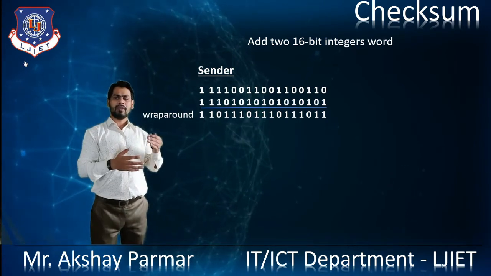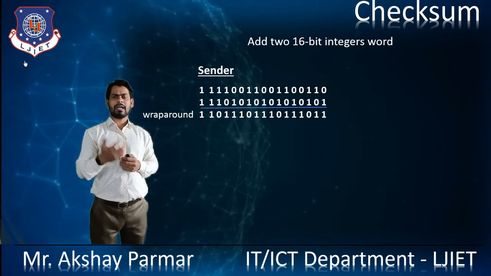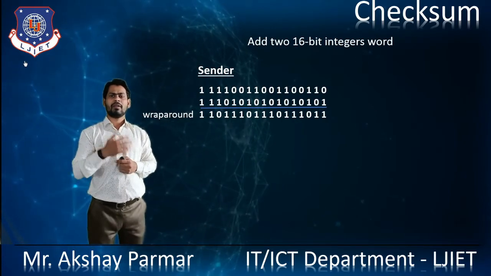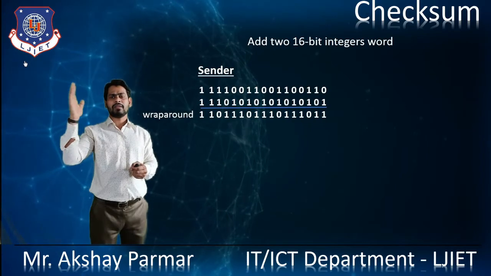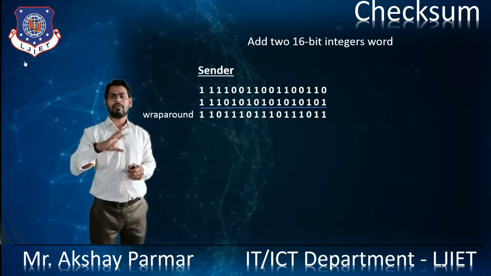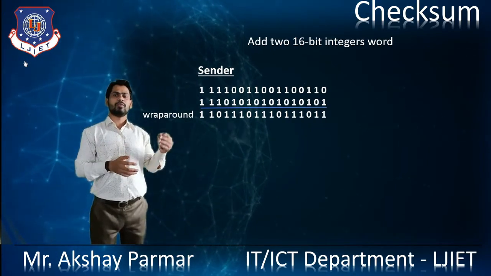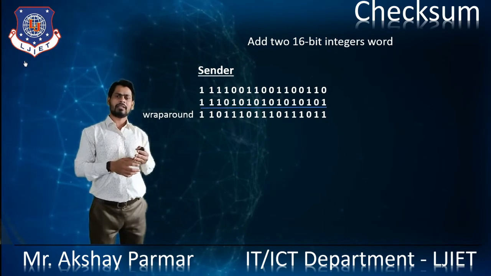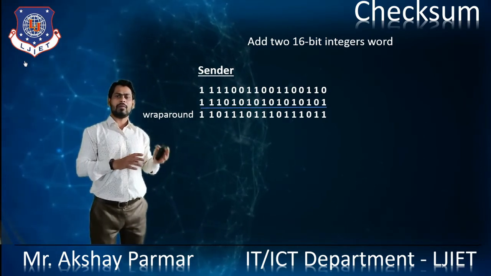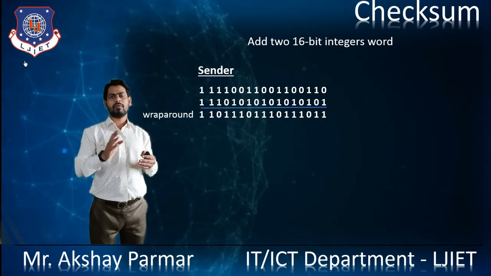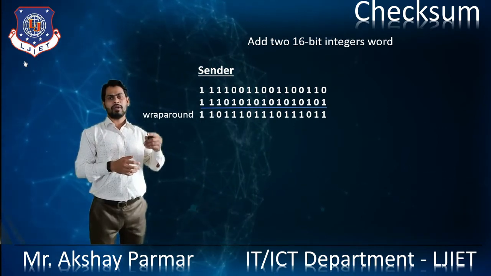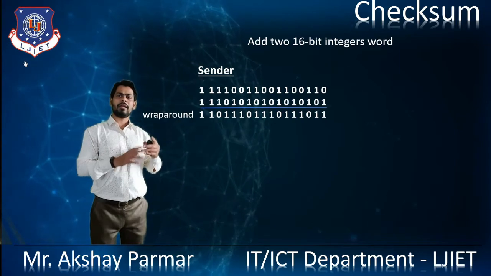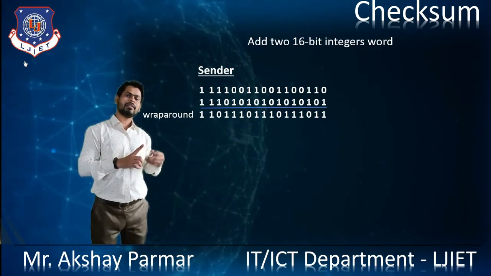After that, there is 1 and 1. How do we add those in the binary system? 1 plus 1 is equal to 0, and the carry 1 is forwarded to the next position. So the third last digit is 0, and its carry 1 is forwarded to the fourth last one. There are already 0 and 0, so 1 plus 0 is 1, and again 1 plus 0 is 1.